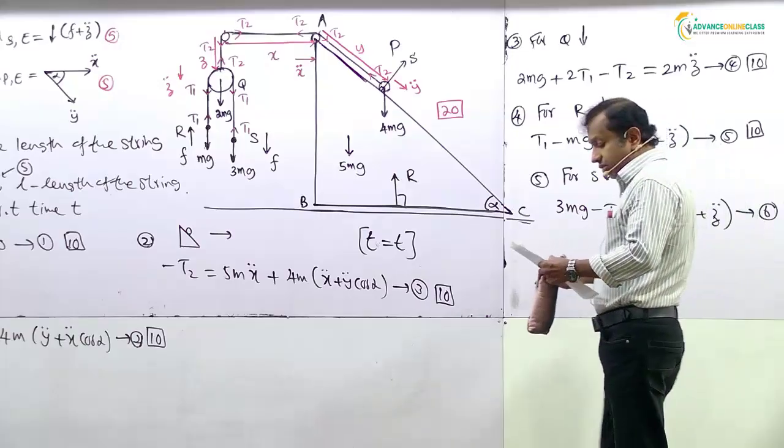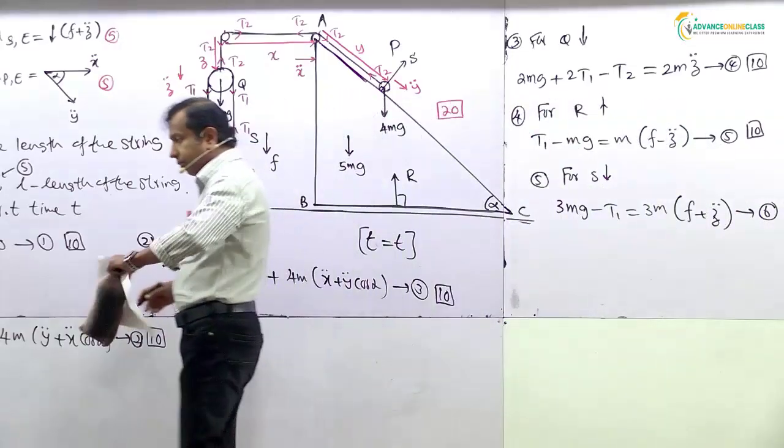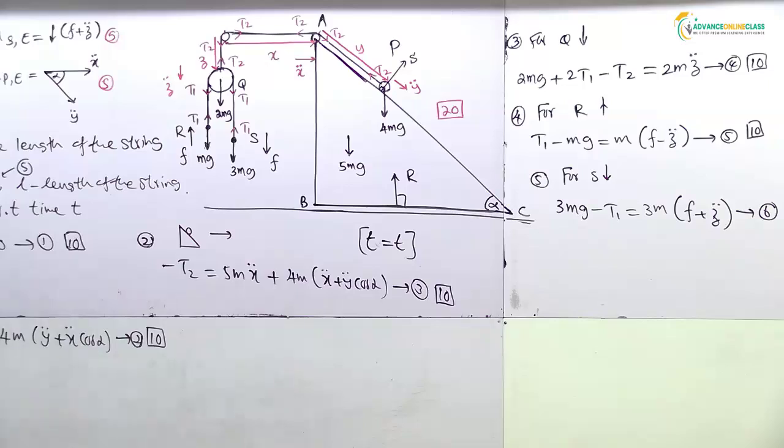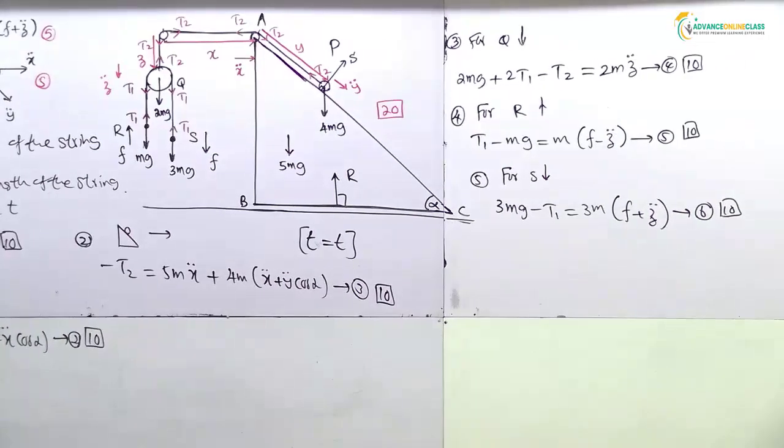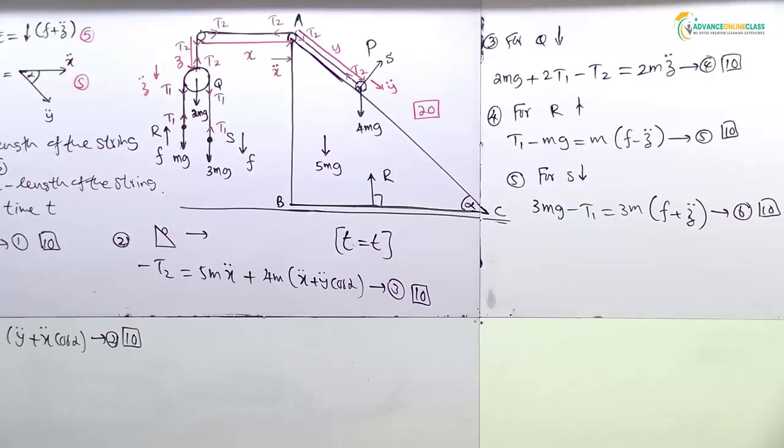So this is the first question. The number of equations we determine by counting the number of unknowns.